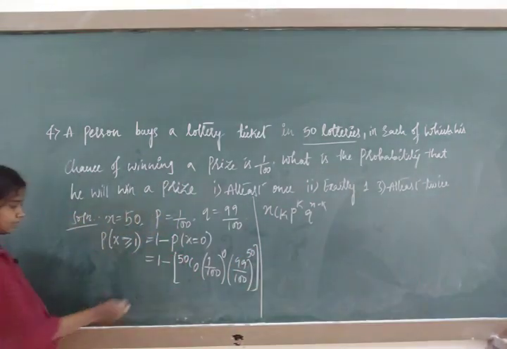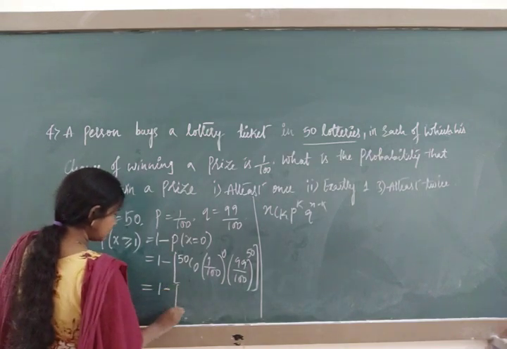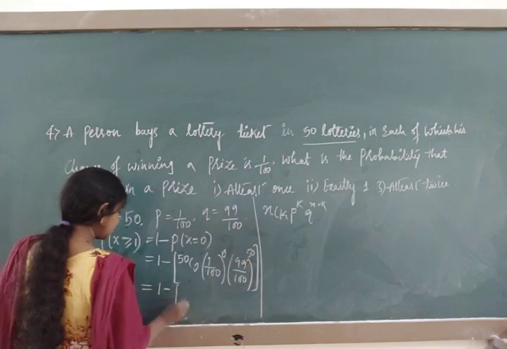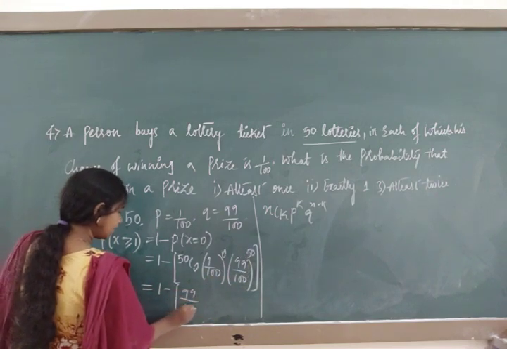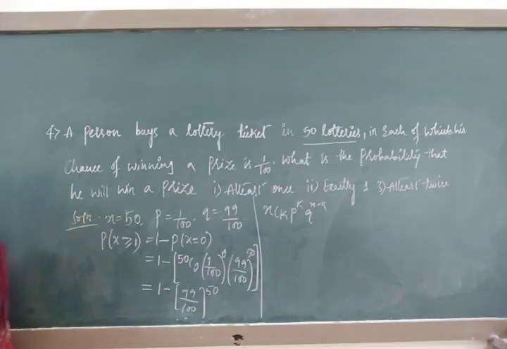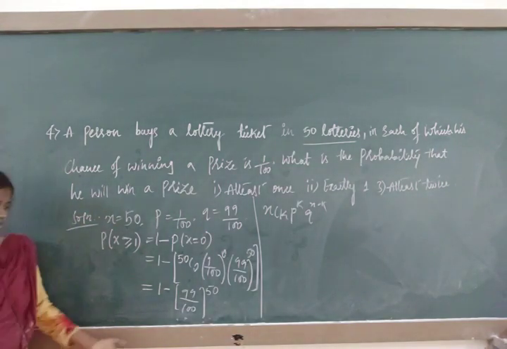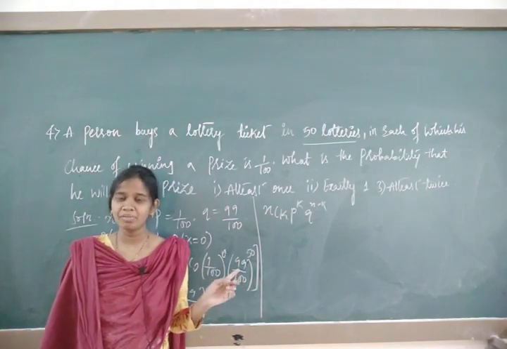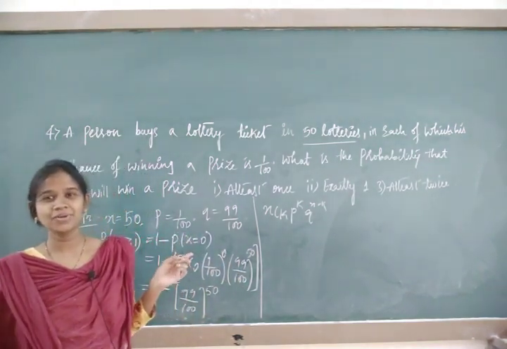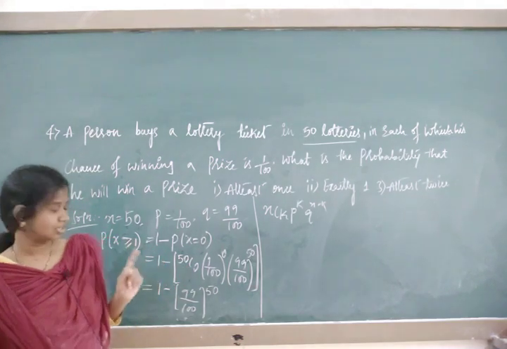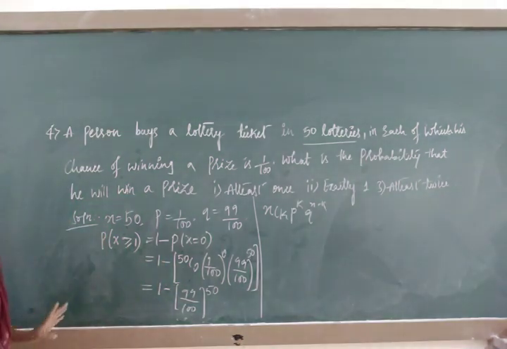So this implies 1 minus, nC0 means 1, anything to the power of 0 means 1, so the final answer will be 1 minus 99 by 100 whole to the power of 50. If you calculate 99 to the power of 50 on your calculator, it will show an error, because we use an 8-digit or 12-digit calculator in our annual examination. So you can leave it at this much only.